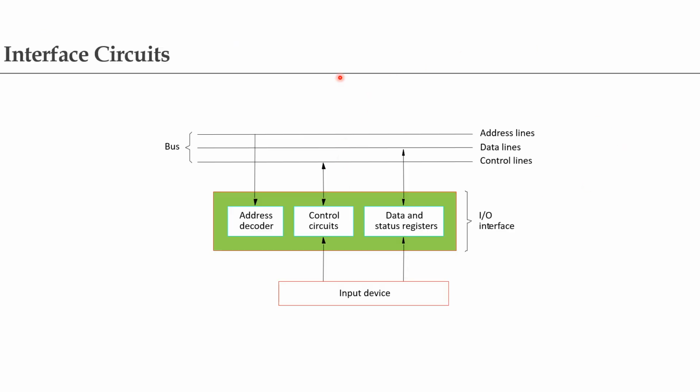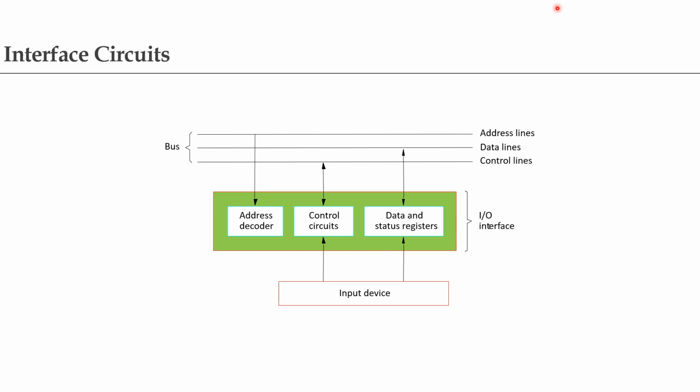A bus interface circuit is an essential component in computer systems, particularly in embedded systems and microcontrollers. It provides a connection between different system components such as the CPU, memory, and input-output devices by facilitating data transfer over a bus. Below is the breakdown of key elements of a bus interface circuit.